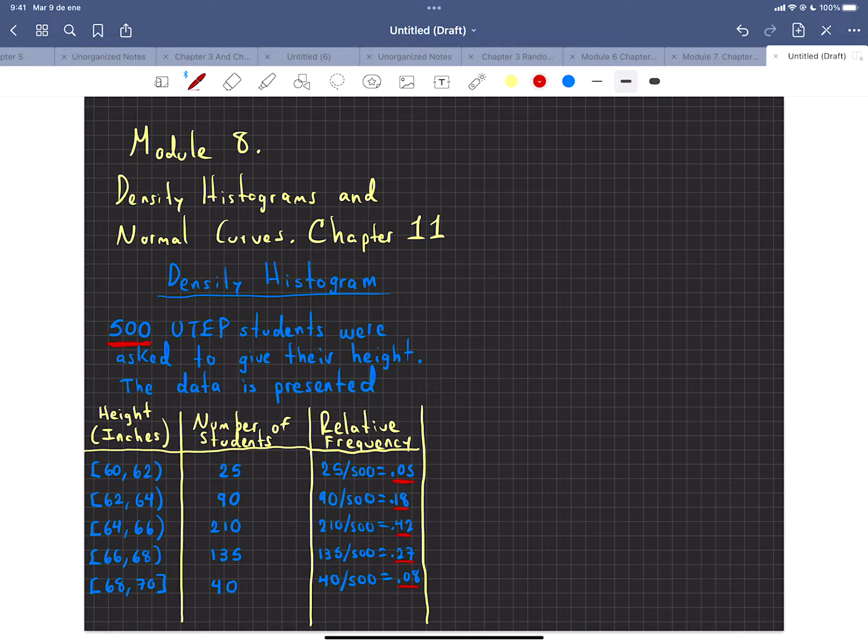These are the values for the relative frequency, I'm sorry.